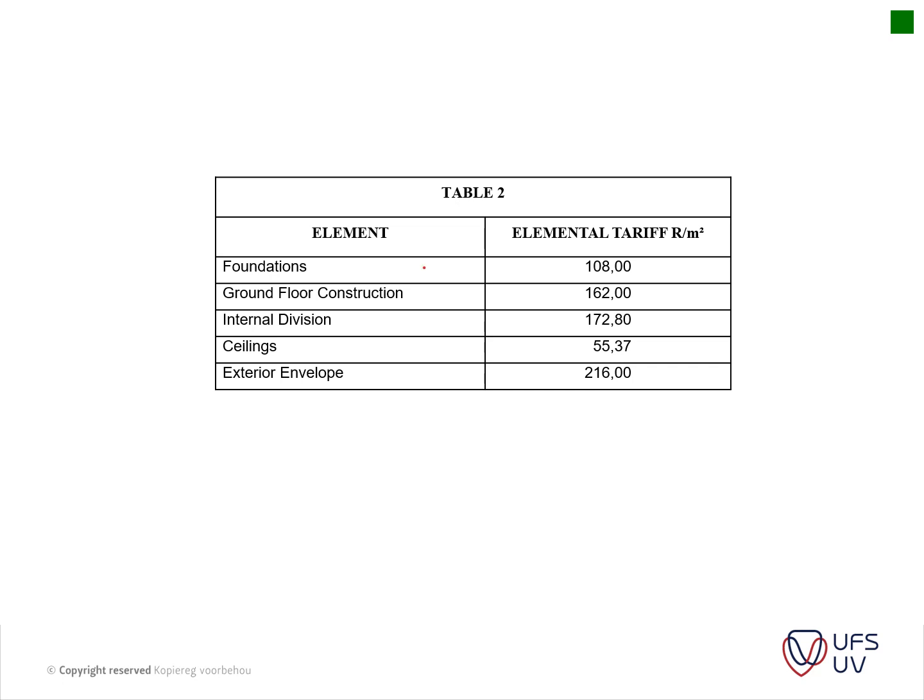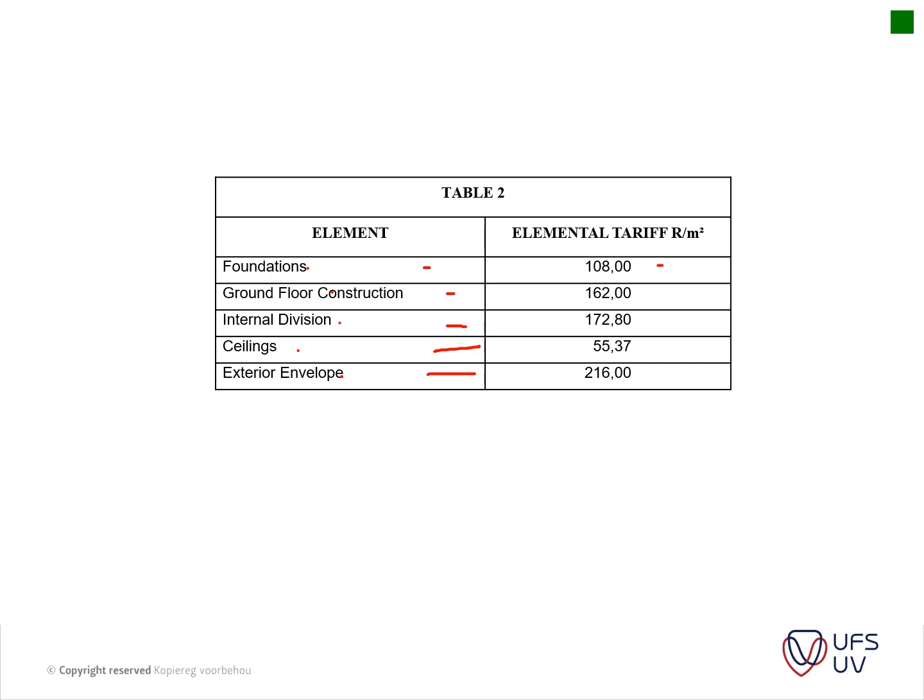So this is what your colleague did. He calculated the foundations at 108 Rand per square meter, and then your ground floor construction at 162 Rand, your internal divisions at 172, your ceilings, and your external envelope. Now basically what you do is go and search for these elements in your project.